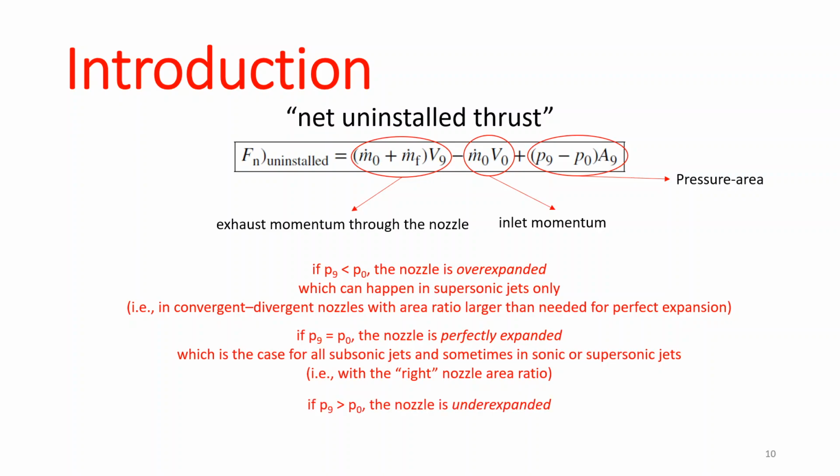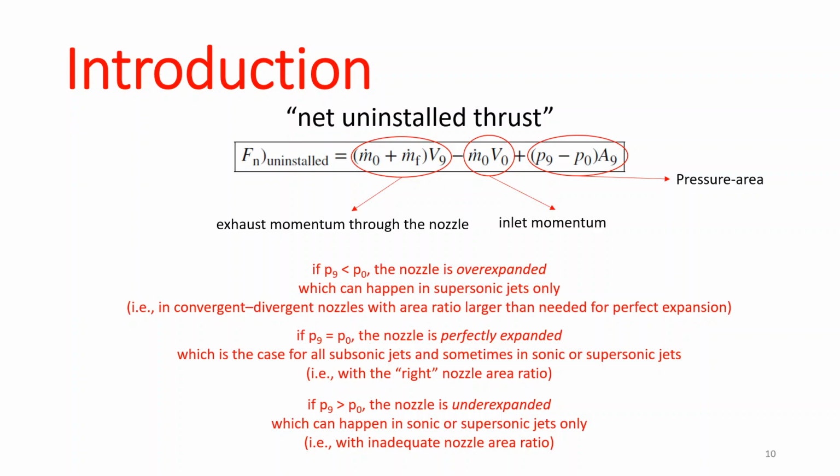The right nozzle ratio will give you that. And if P9 is larger than P0, then the nozzle is underexpanded, which can happen in sonic or supersonic jets only. And it will happen with an inadequate nozzle area ratio.